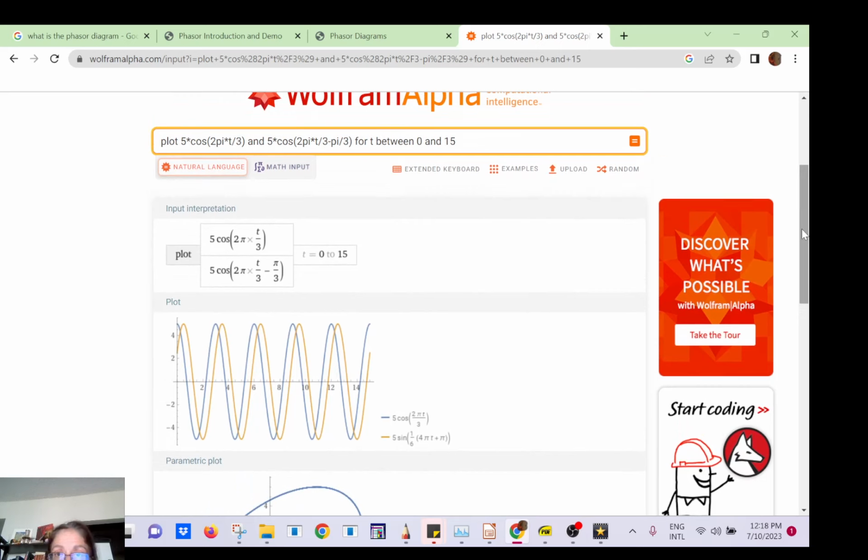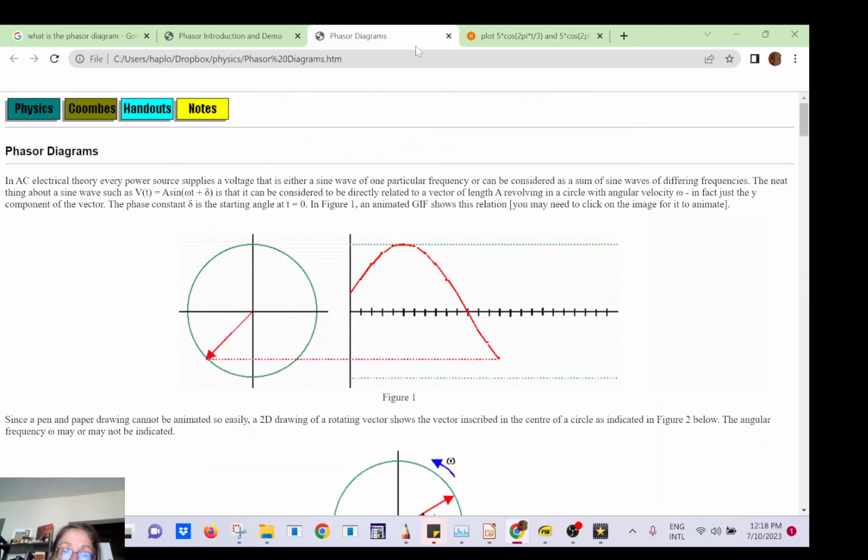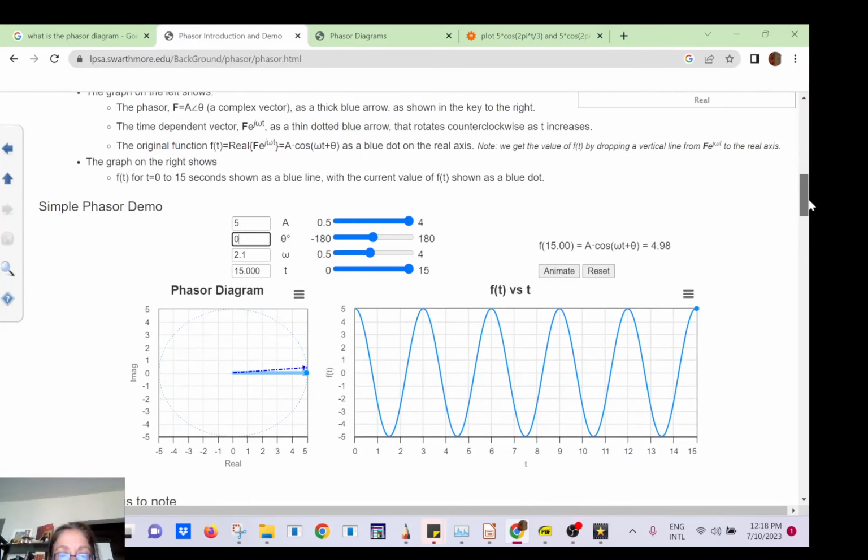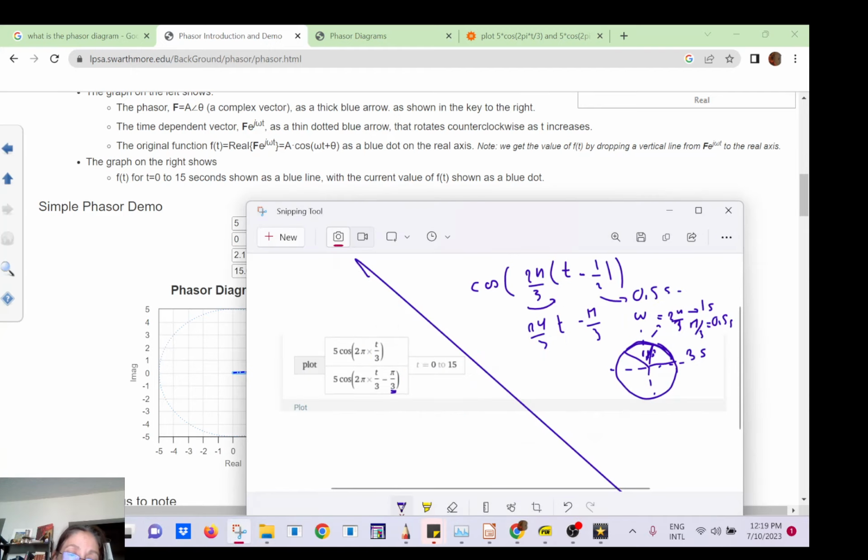Okay, so how to connect that to the simple harmonic oscillator? So this is an app I found here, you can go on that website. So imagine now I have a circular motion, right? Imagine that you have a particle going around a circle, and the period is, again, 3 seconds.